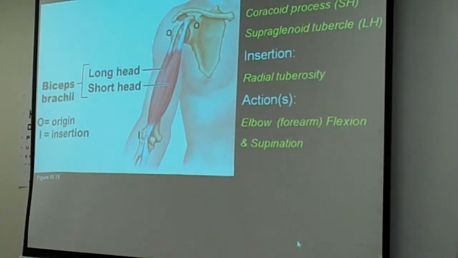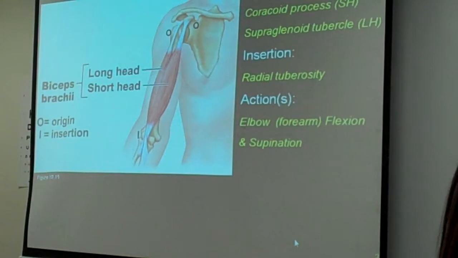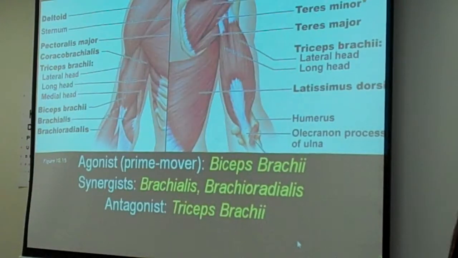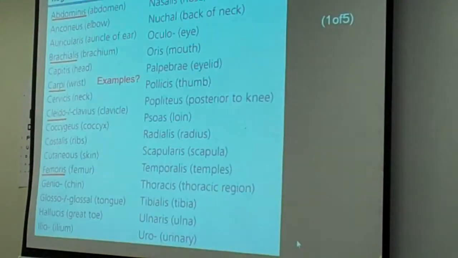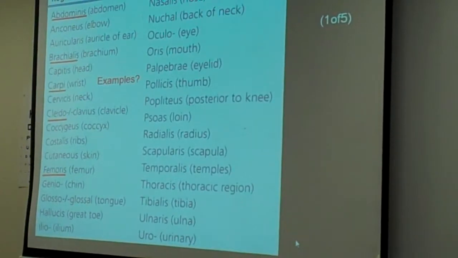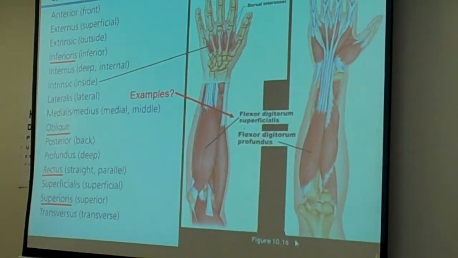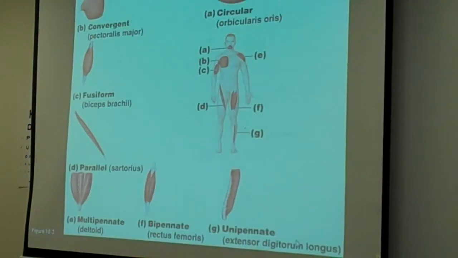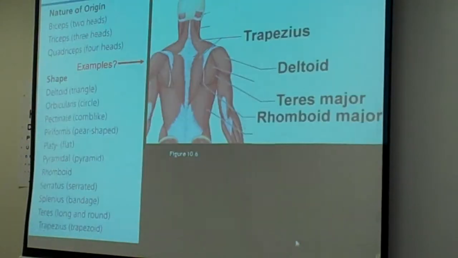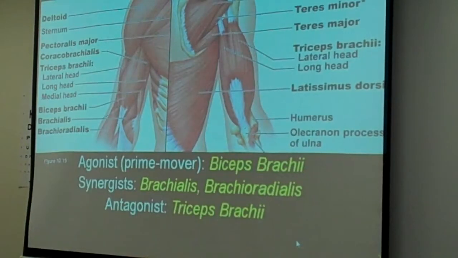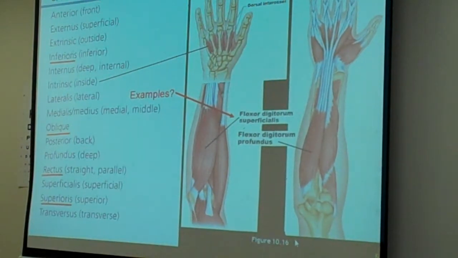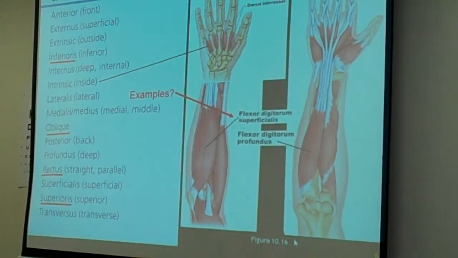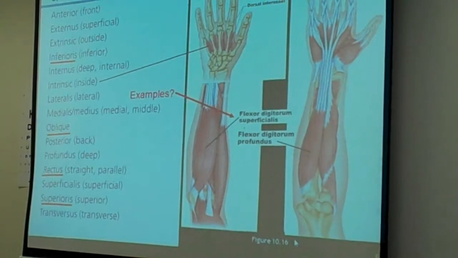Next group is orientation of the muscle fibers or fascicles. Rectus means straight. So when you look at the fascicles, they all run in the same direction.